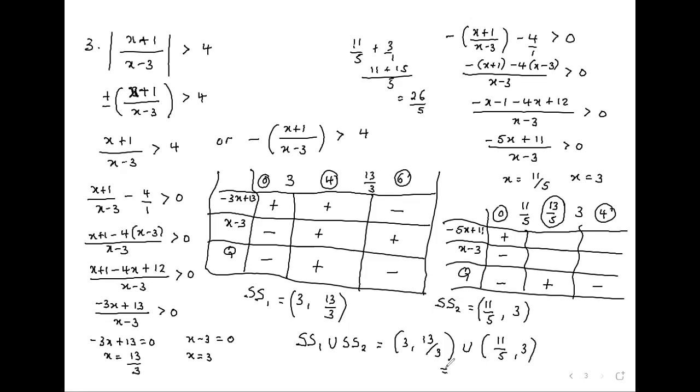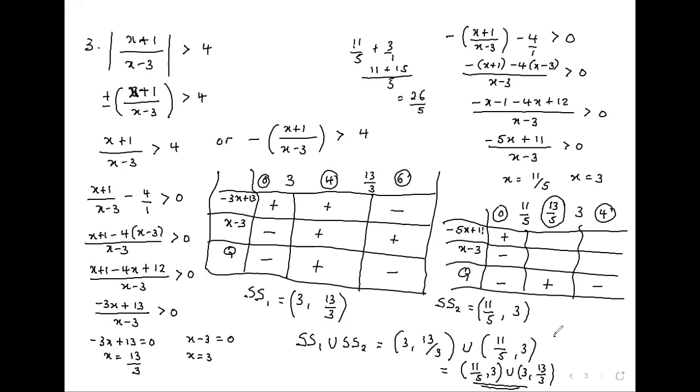Combining this is just the same thing as 11 over 5, 3 union 3, 13 over 3. We just rewrite them for it to make sense. Otherwise, we can't put this together because the bound is on 3, where they're separating, and 3 is not included anywhere.